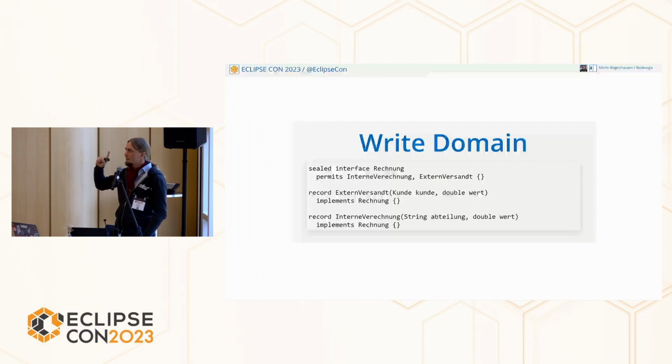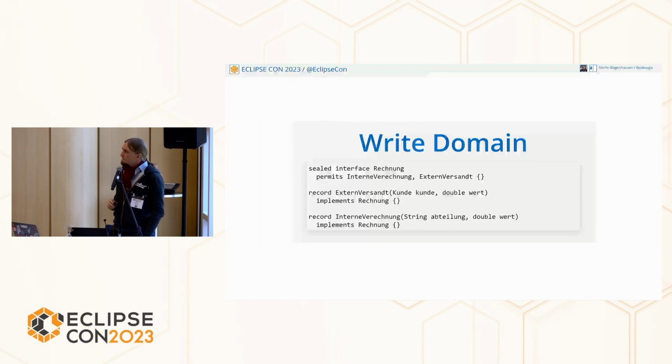It also tells the compiler there's no other type of Rechnung, only internal and external. The internal and external invoices are implemented with records here. Records are implicitly final classes, so the compiler knows, and also we as developers know, that this hierarchy ends at this point. There's no different implementation of an invoice except these two. That comes in handy later.